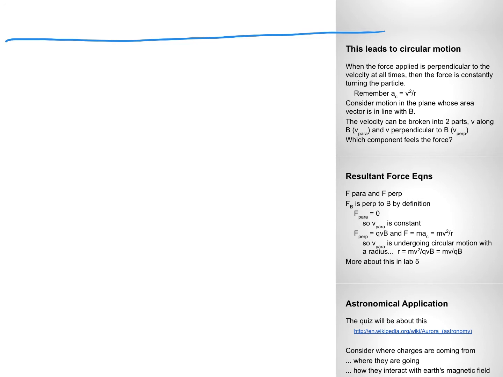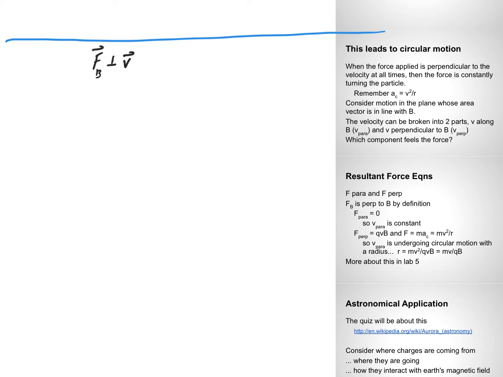The force's right-hand rule leads to circular motion. And this is largely due to the fact that the magnetic force is perpendicular to the velocity of the charge.